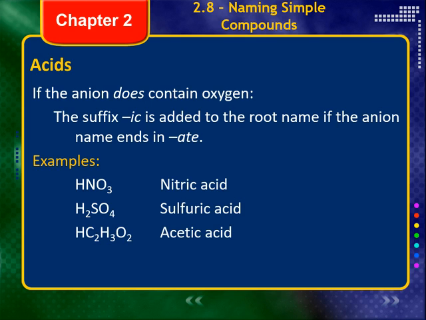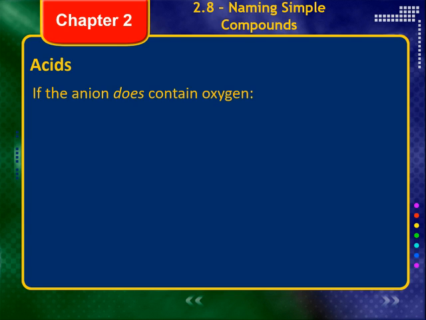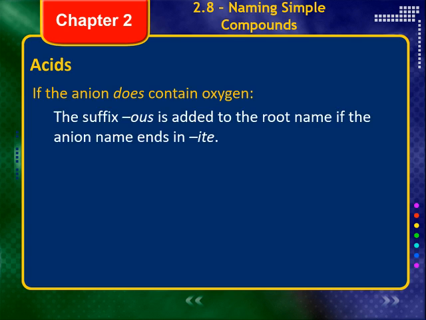And then we have the acetate polyatomic ion, C2H3O2, with the acidic hydrogen out in front. That becomes acetic acid. Again, if the anion does contain oxygen, we can also use the suffix OUS. You add that to the root name if the anion name ends in ITE.